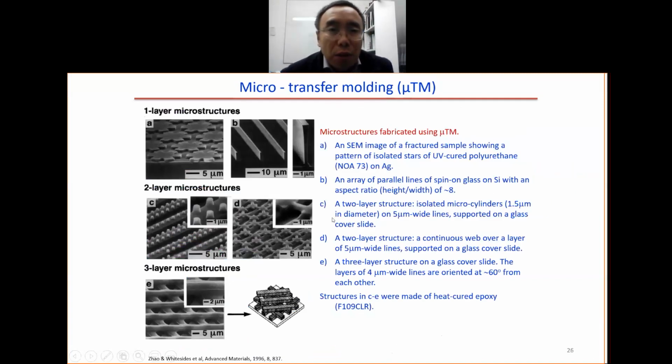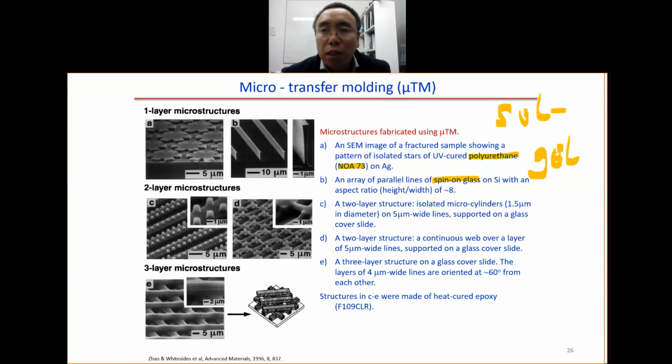So here are the examples of the microtransfer molding process. The first one is the polyurethane. This one is from Norland NOA 73, a trade name from the company called Norland. So this one is polyurethane. And this one is the spin-on glass. How to do the spin-on glass? This is also similar to the sol-gel process.